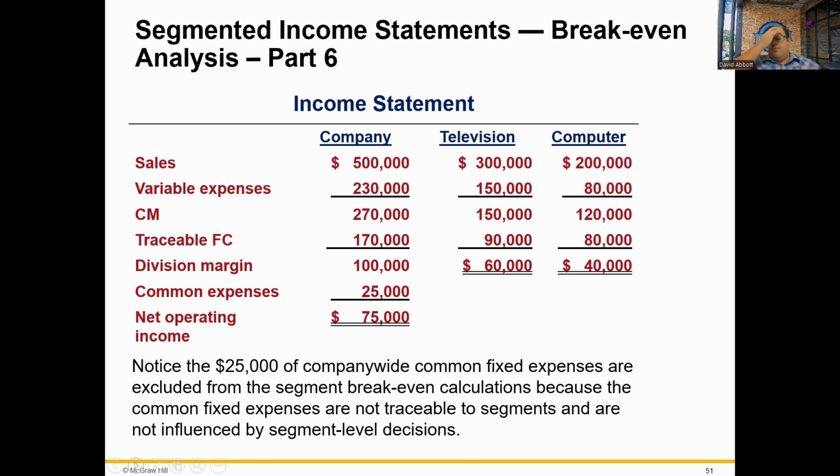So we're only looking at breaking it up by segment, we're only looking at what would go within that particular segment. So we're not going to include that 25,000 in there.